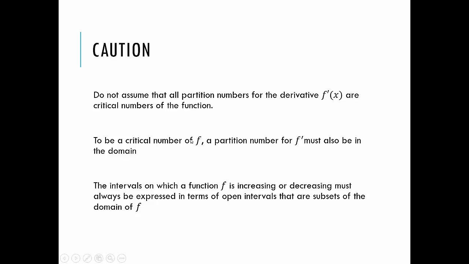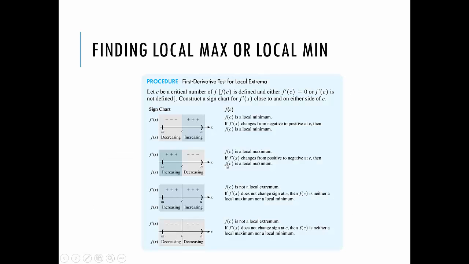Now, if you think about it, what's nice about critical numbers is it allows you to find max and minimums. And we'll talk more about this later, but if I'm looking at a sign chart and I have a critical number, and my function is decreasing, it goes to 0 and increases, I can see that that's a local minimum.